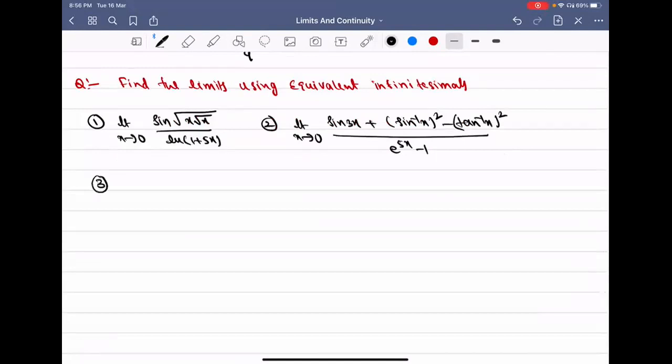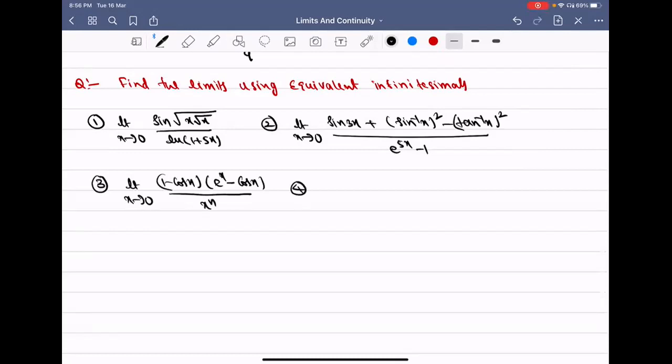Question 3: limit x tends to 0, 1 minus cos x into e power x minus cos x over x power n.